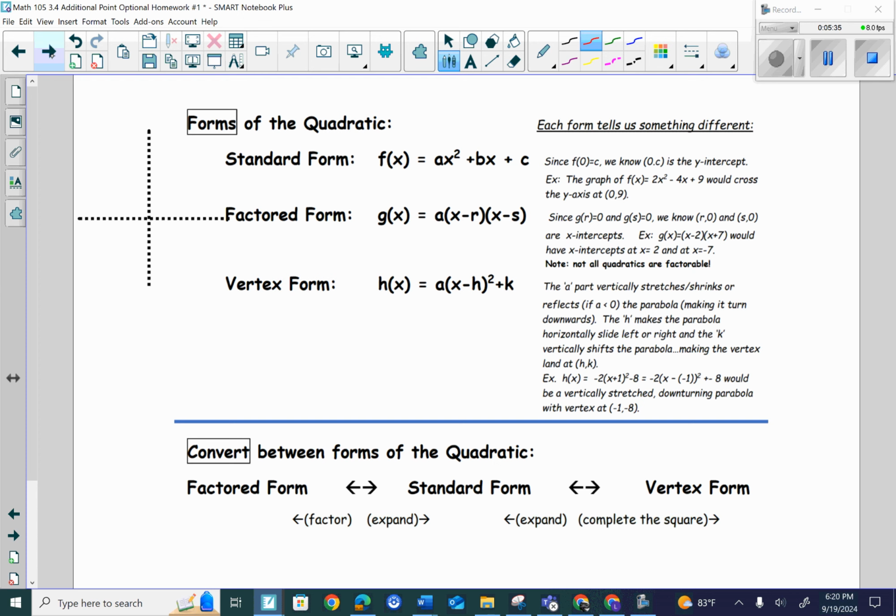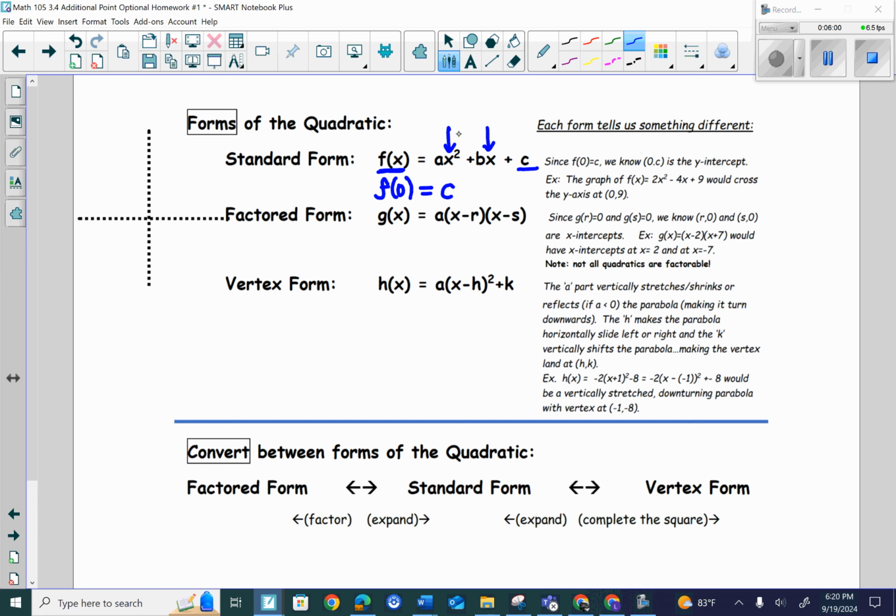So if we write the quadratic function in standard form, we can see one thing: if we put 0 in for x, the output f of 0 is just going to be c.